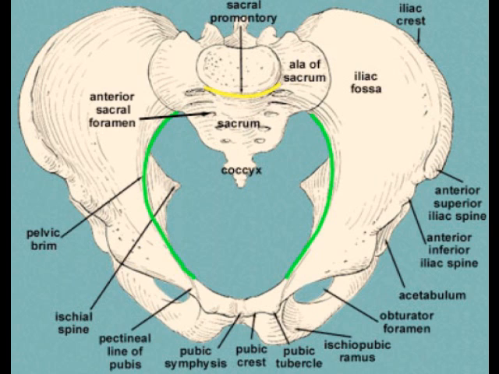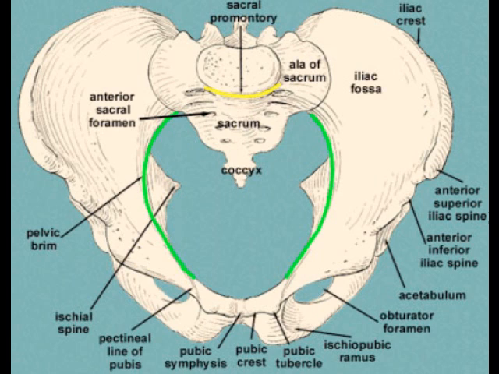Next, at the very bottom there, you'll see something called the pubic symphysis, and this is basically where your pubic bone is. It's basically right above your genitalia area.